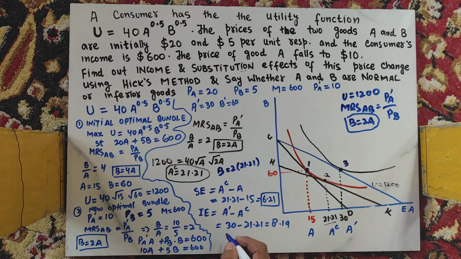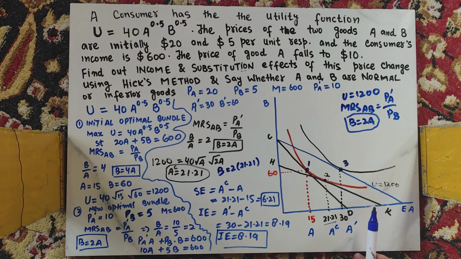So this is our income effect, 8.19. Because of the price decrease, due to the substitution effect 6.21 units of good A will be consumed more, from 15 to 21, and 8.19 units will be consumed due to the income effect.